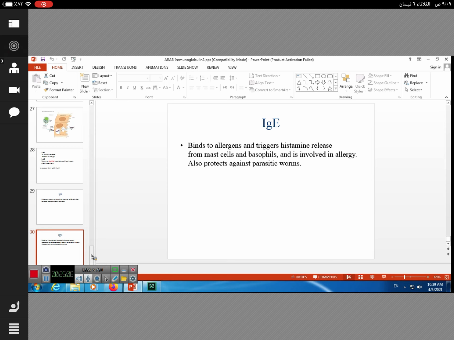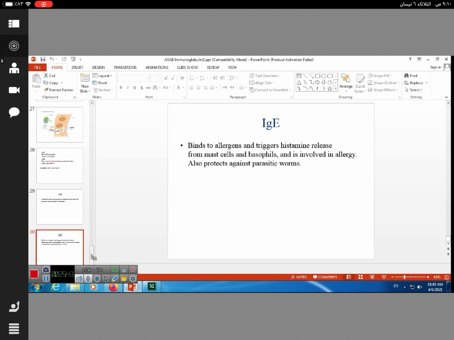Monoclonal antibody is a form of antibody produced by only one B cell clone, and it's produced against one epitope. And this form of antibody is very important in medicine.